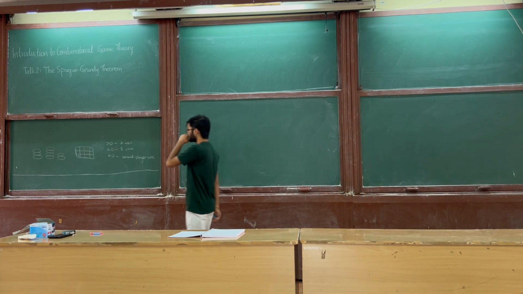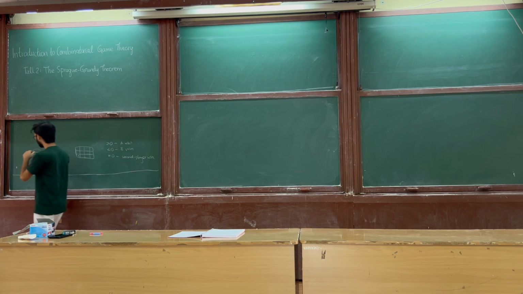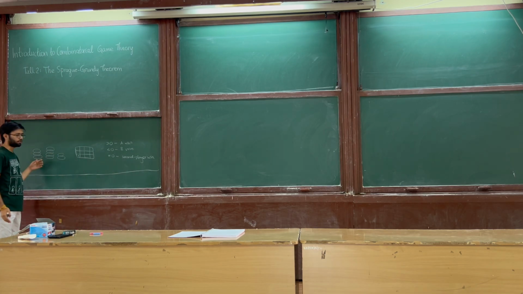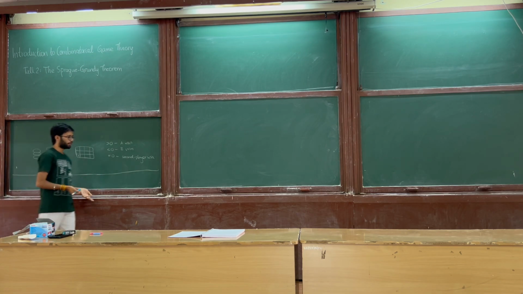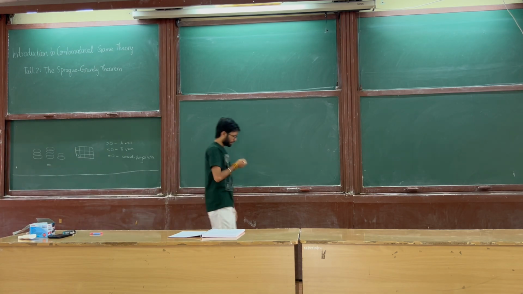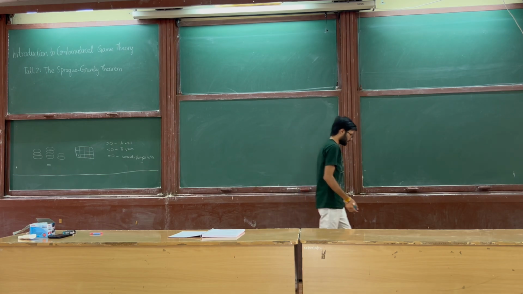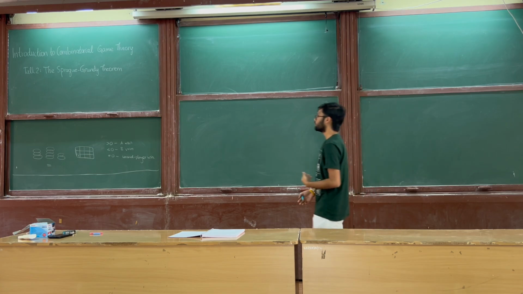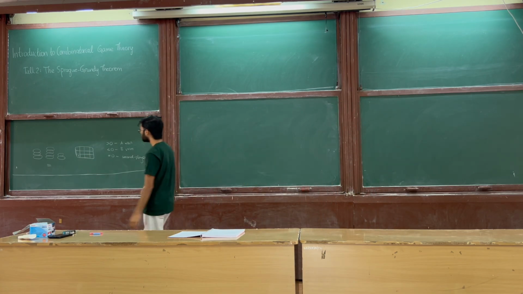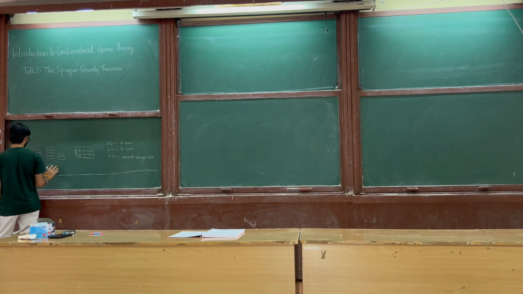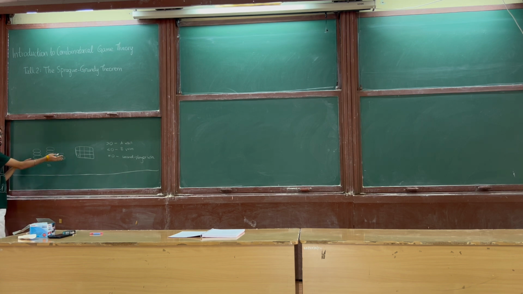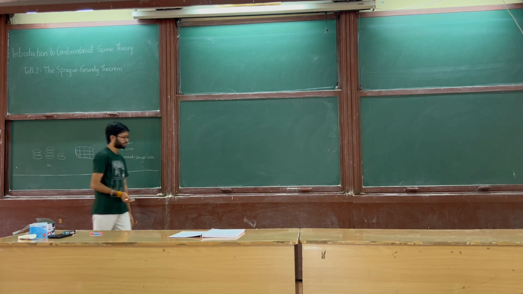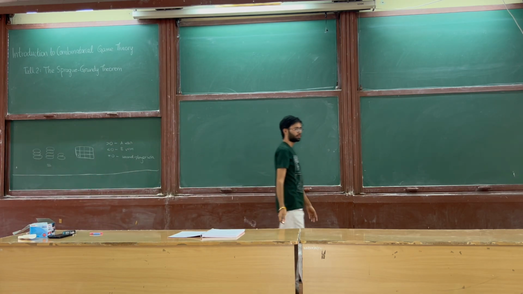And the distinction that I want to note now is that I will regard a game and its game value as equal. Whatever the value of this is, I'll just say this is equal to this. And that is because the way we are going to study things, there's really no point in distinguishing a game from its game value, because if you want to see how this game interacts with other things, we just need to see how the value behaves with other games.